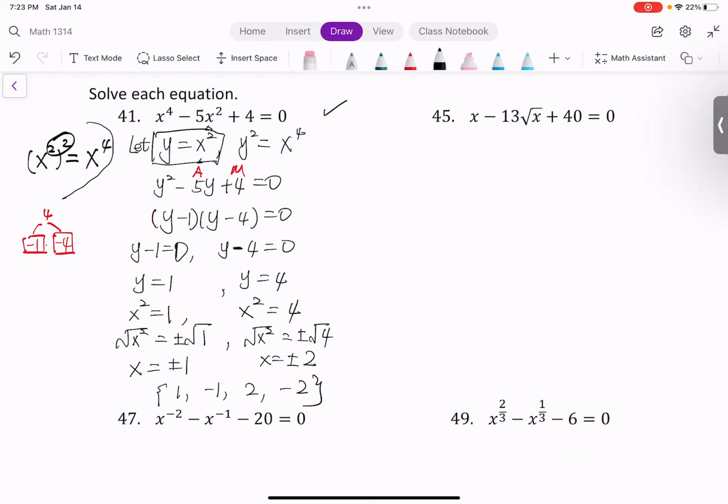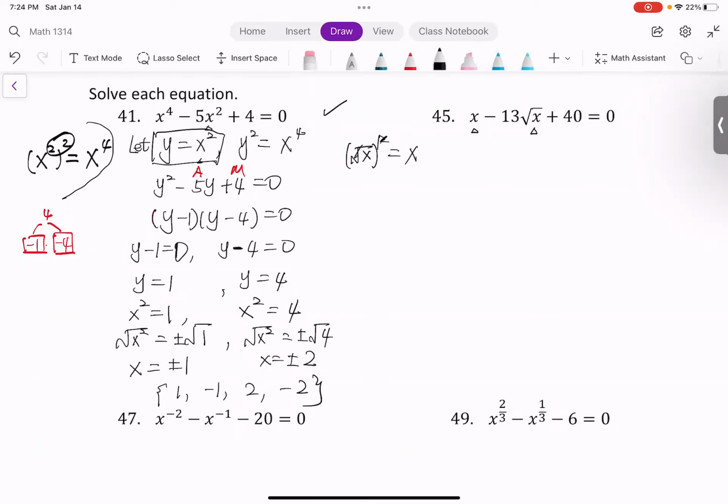Next example, we also use the substitution method. Let's check if the middle variable, when we square it, equals the first variable. Square root of x, we square it. The square is canceled, we have x. Yes, it is.